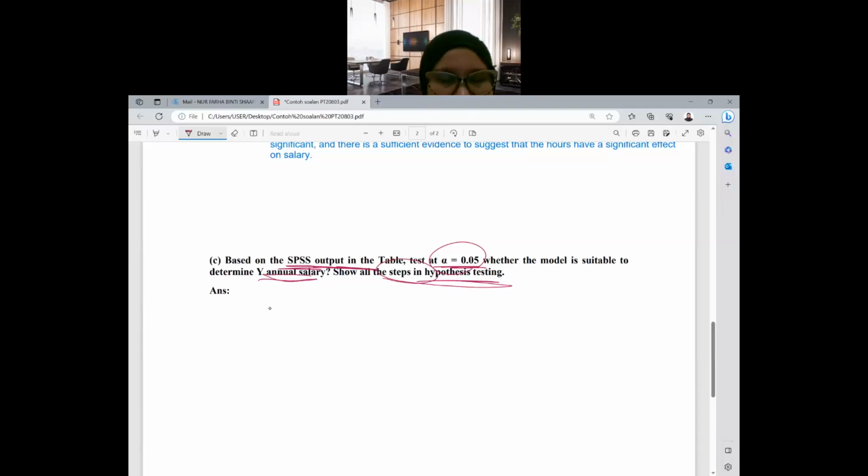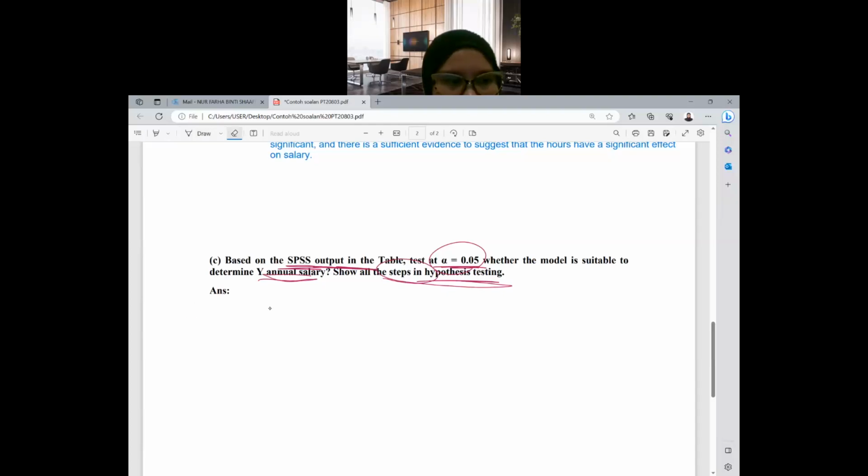If you want to make it a paragraph, it is up to you. But if you do it in step 1, step 2, step 3, it is easier for the examiner to mark your paper.